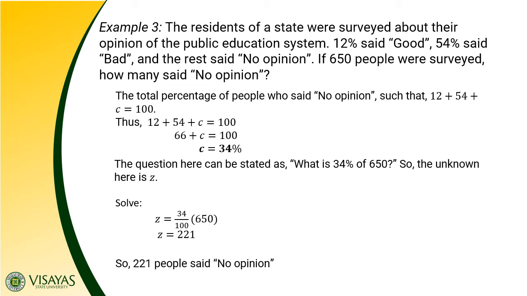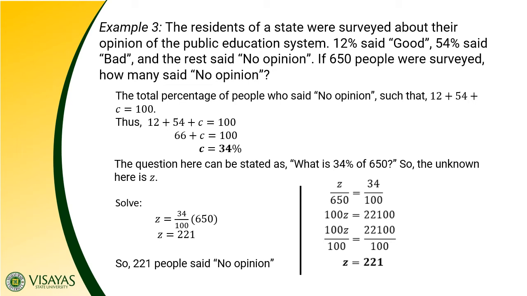And again, as what I have been telling, di ba, yung proportion is nagagamit actually siya sa pag-solve ng percentage problem. So I will show to you the process yung pag-solve nito using the proportion, and let's see if same result yung makuha.